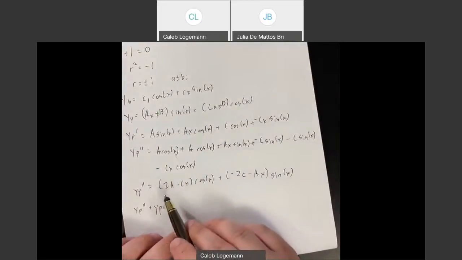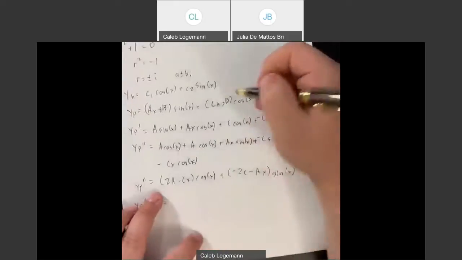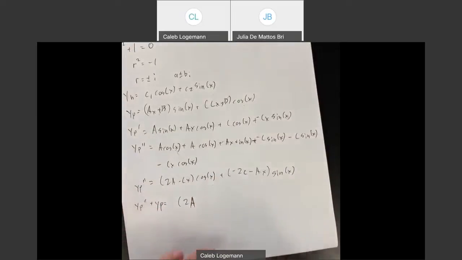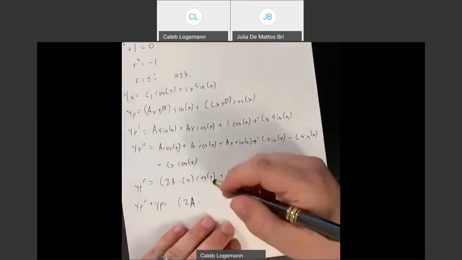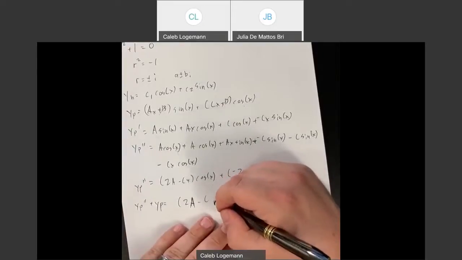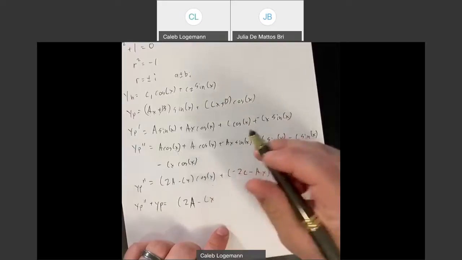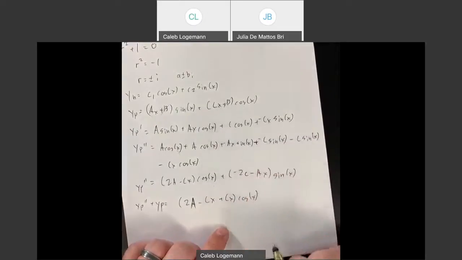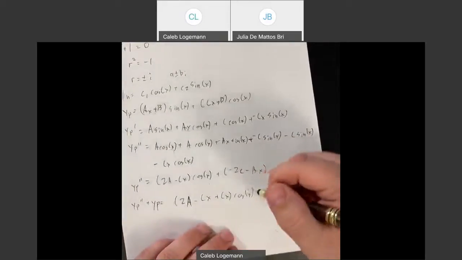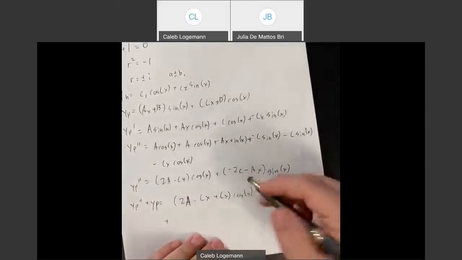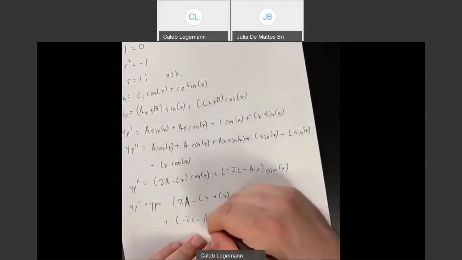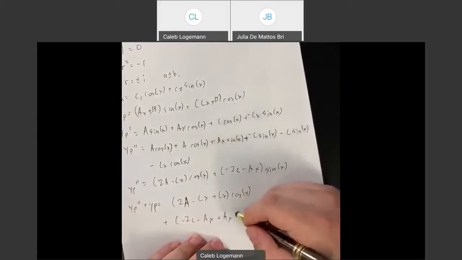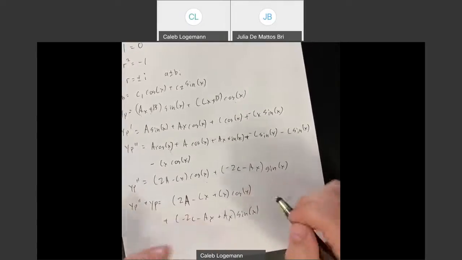So we add this plus the cosine here, we have (2a minus cx plus cx) cosine of x. And then we have minus 2c minus ax plus ax sine of x.